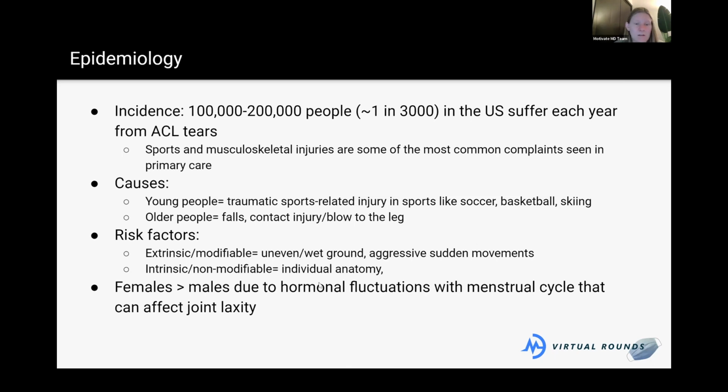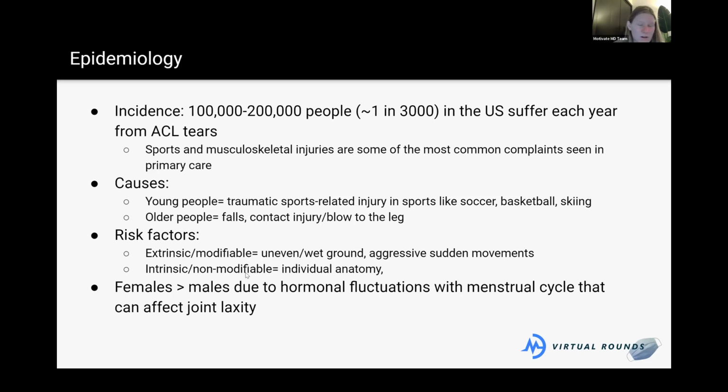And then some intrinsic or non-modifiable risk factors that are unique to the person would be their individual anatomy, like your foot bone size, for example, or the strength of your ligaments may just be weaker compared to other people. So that's something that you can't really do too much about.